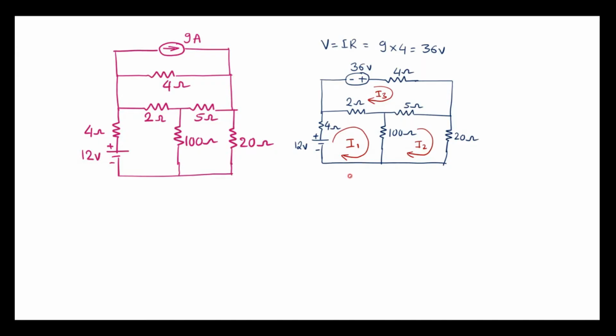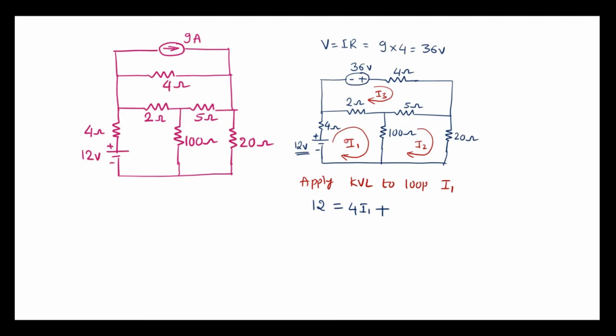So in loop analysis, we need to apply Kirchhoff's voltage law to individual loops. Now let me apply KVL to loop I1. Let me start from the voltage source. Keep voltage source on left hand side. 12 is equal to voltage drop across 4 ohm, which is 4 I1, plus voltage across 2 ohm.